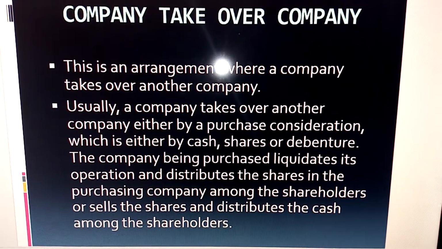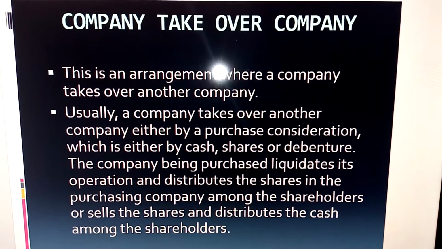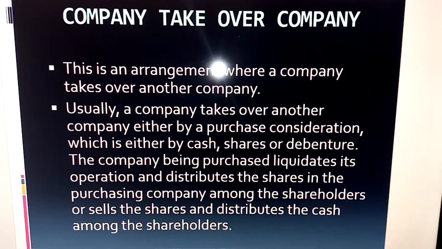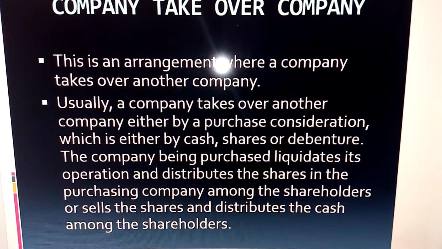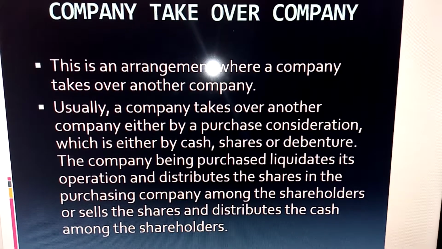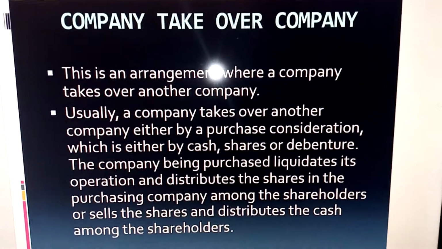So when you pay in cash, shares, or debenture, the company you purchased is liquidated, just like the case between Access and Diamond Bank. The moment Access Bank took over Diamond Bank, Diamond Bank is no longer an entity on its own as such.